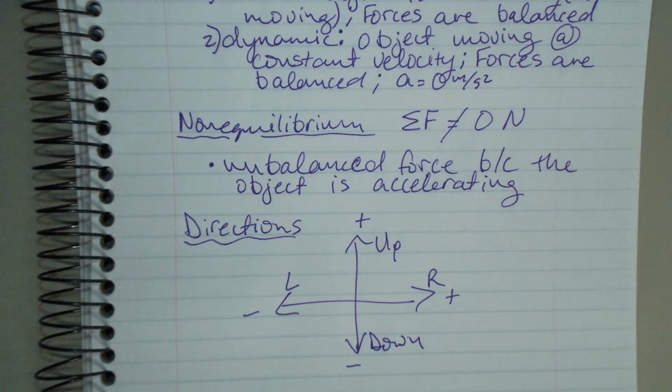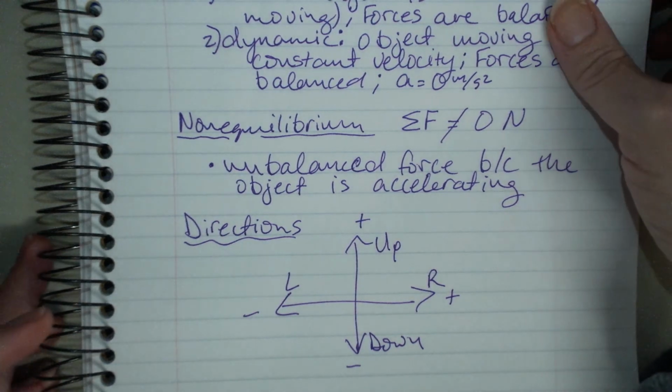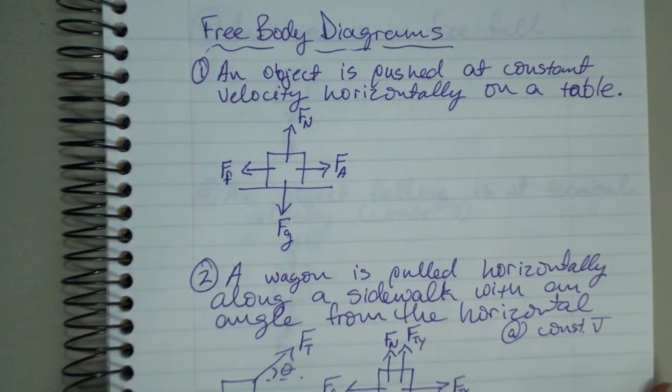All right, so I want to go back to our notes from the first day, and let's add summation equations for everything. We're going to flip back to our free body diagrams.